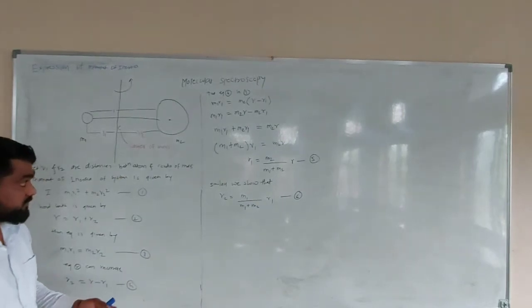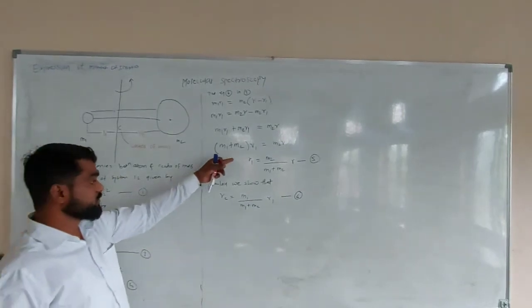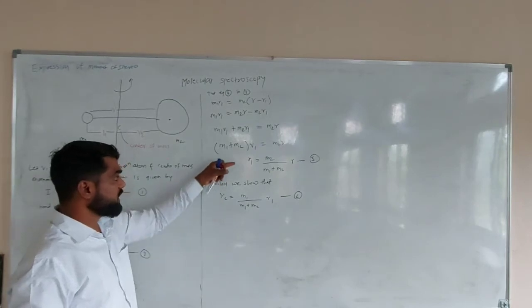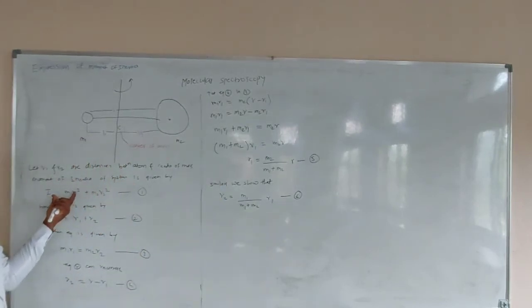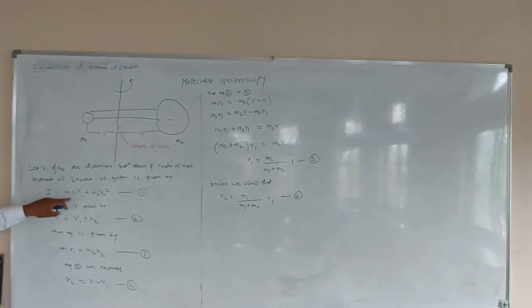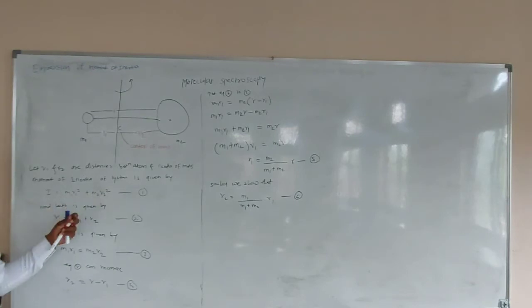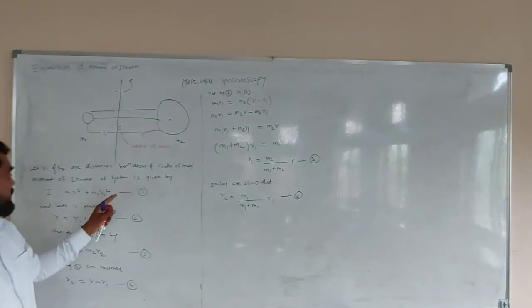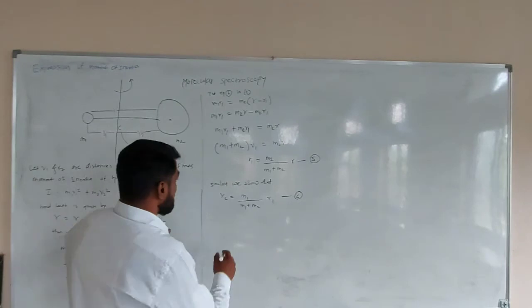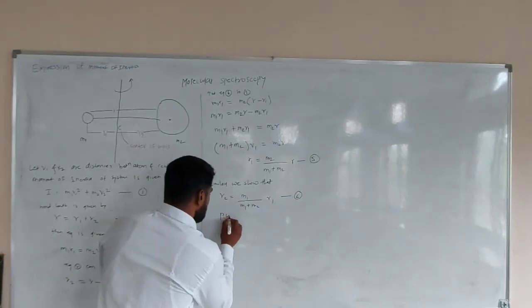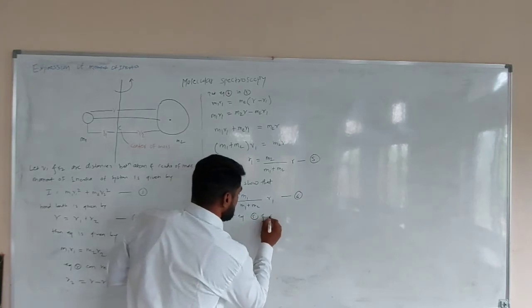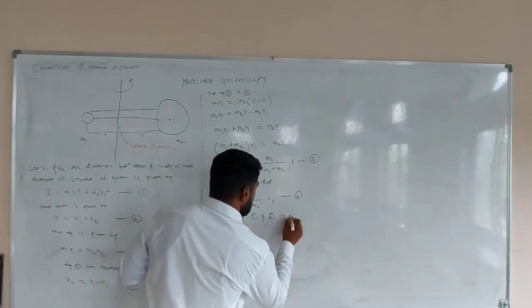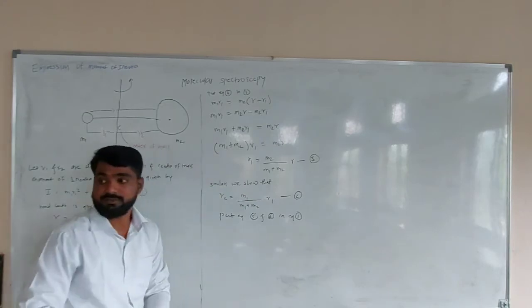Now these two values of r1 and r2 can be put in equation number 1, where we have m1 r1 square plus m2 r2 square. Simply put equation numbers 5 and 6 in equation number 1.